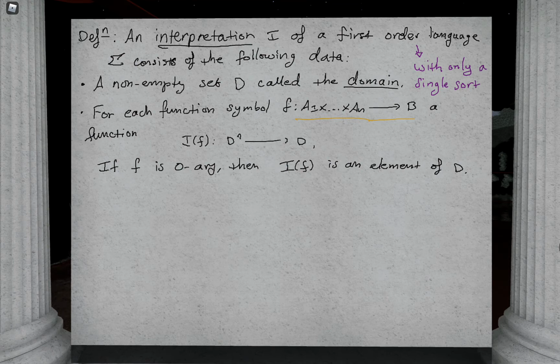That's called the arity, and so you might say it's an n-ary function symbol, and if it's a zero-ary function symbol, then that's sometimes referred to as a constant. So what I'm saying here in other language is the interpretation of a constant is just an element of the domain. Okay, and then we also have an interpretation for all of our relation symbols.